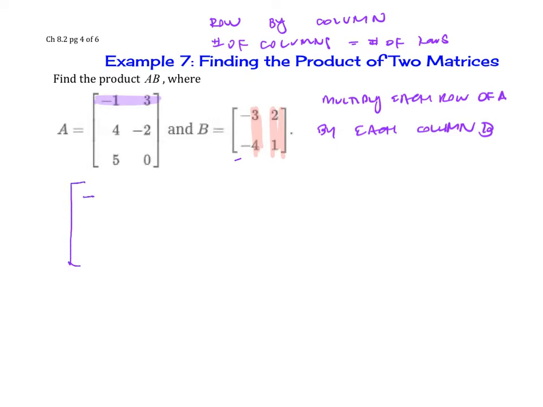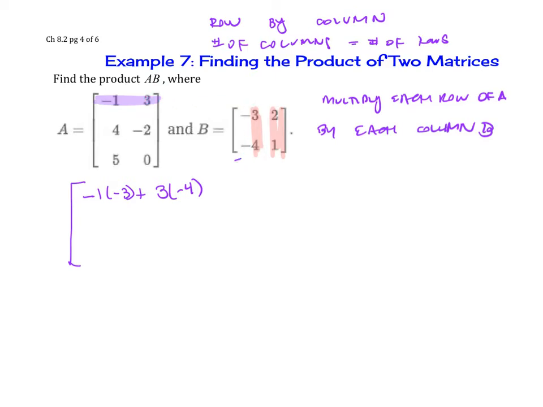We have -1 times -3 plus 3 times -4. Okay, just to slow down a little bit, -1 times -3, then 3 times -4.